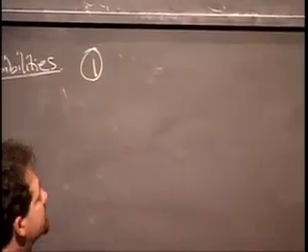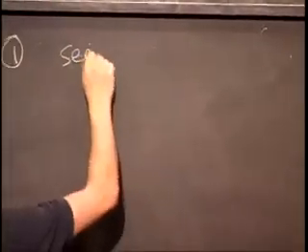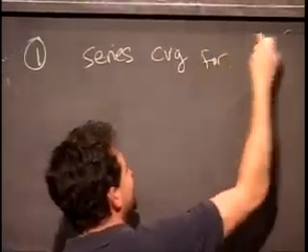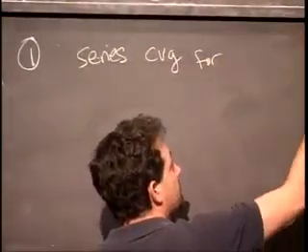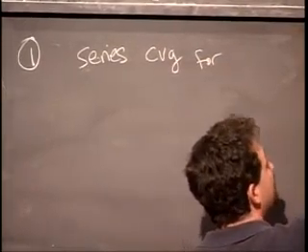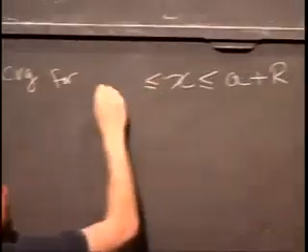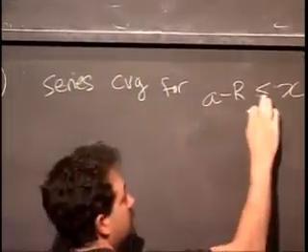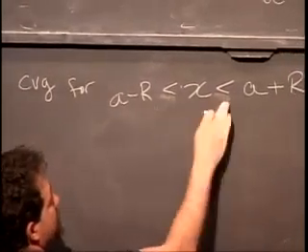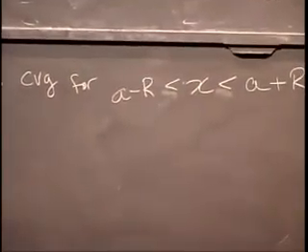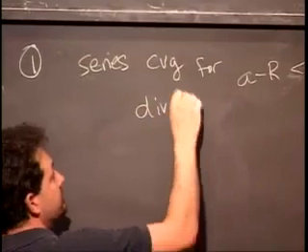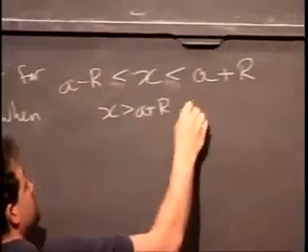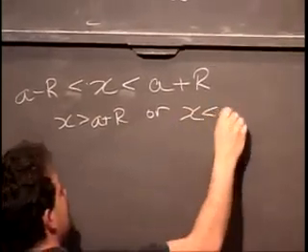Possibility 1. The series converges for x less than a plus r and greater than a minus r, and diverges when x is bigger than a plus r or x is less than a minus r.